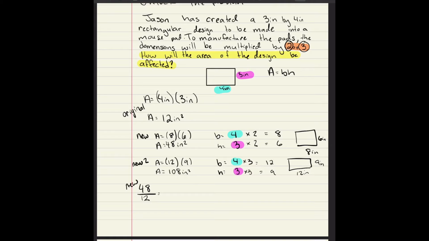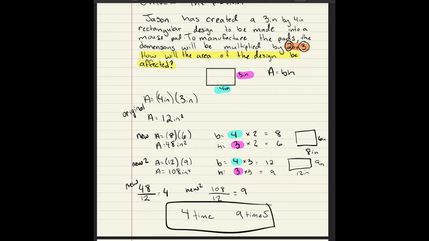So 48 divided by 12 is 4. And then my new 2 area was 108, divide that by my original, and I get 9. So the original area was affected 4 times and 9 times.